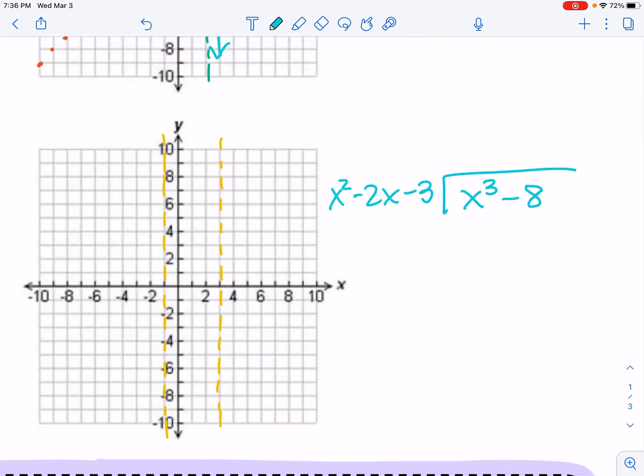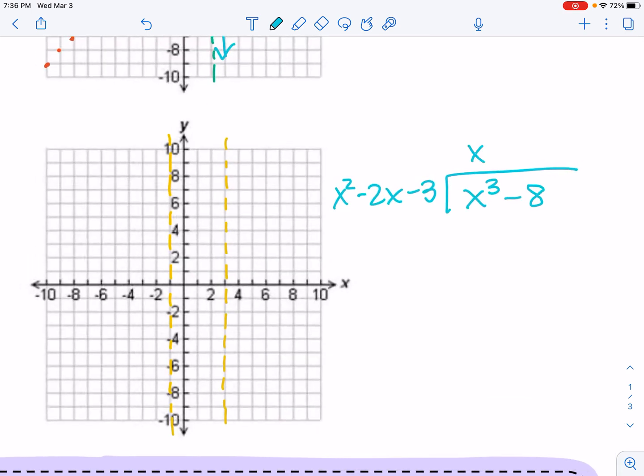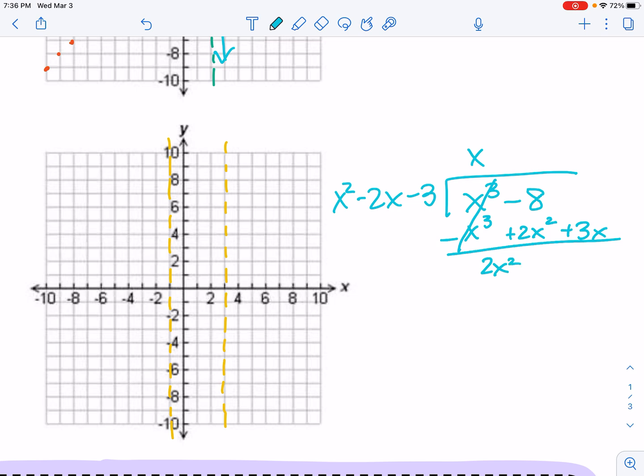How many times does x squared go into x cubed? x. Multiply, draw the line, change the signs. Cancels out. 2x squared plus 3x minus 8.